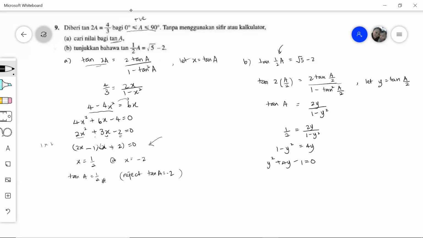Remember how to solve the quadratic equation using the formula. That will be minus b, which is 4, plus minus square root of b squared, which is 16, minus 4ac, where c is negative 1, and then over 2a. a is 1, so it's just 2. So we have minus 4 plus minus square root of 16 plus 4, which is 20, over 2. Now let's factorize the terms with 2.